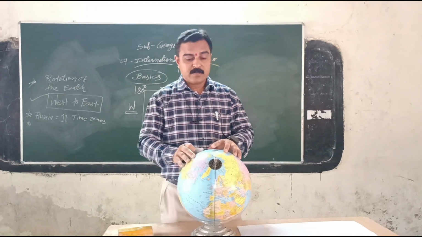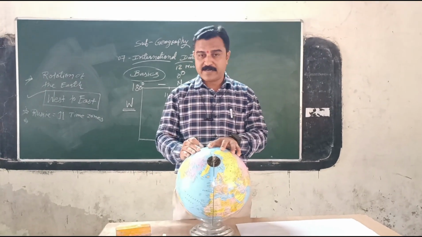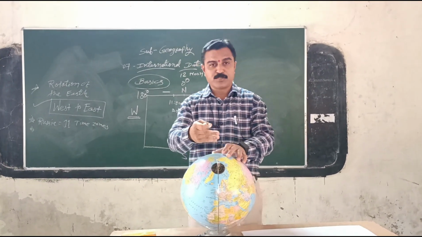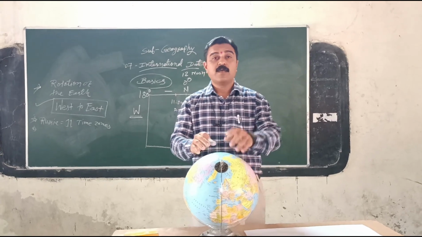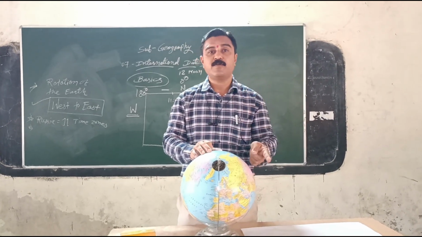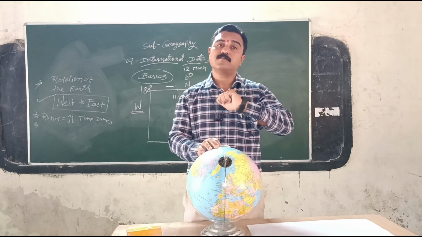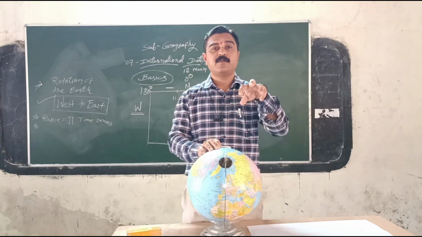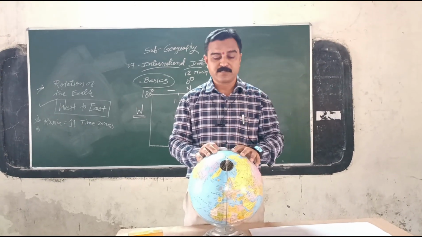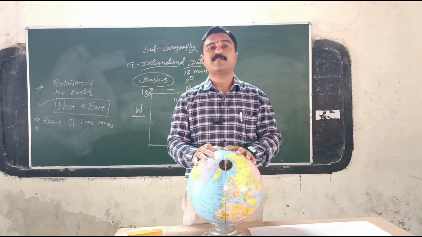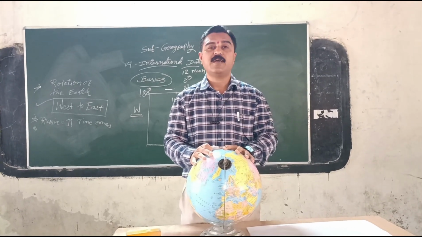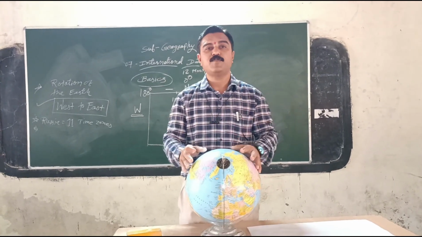As I told you, this international time and date line is exactly the opposite of the 0 degree prime meridian. And I told you that in 1884, under the guidance of Davidson, an American scientist, it was decided that the international date line has to be there so that there will not be any kind of confusion.